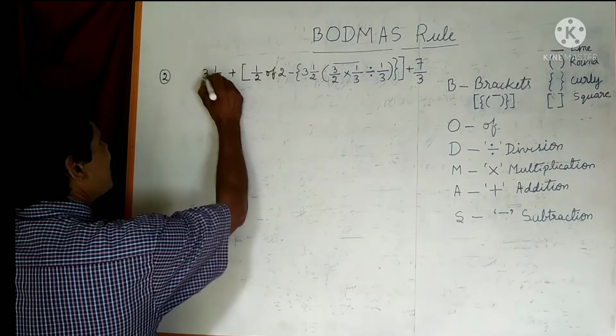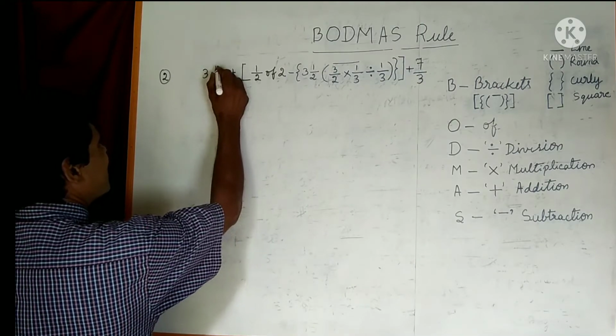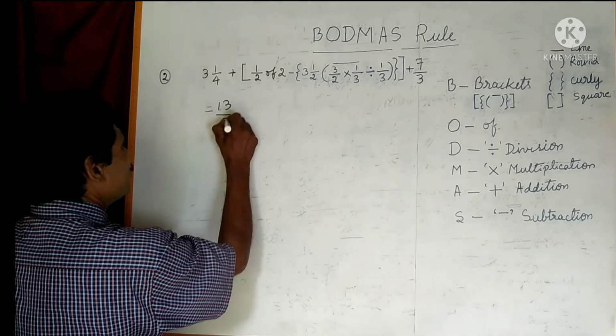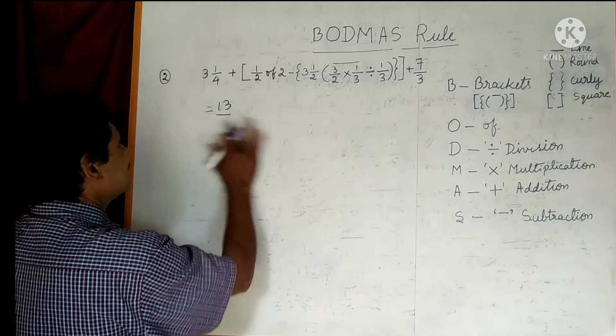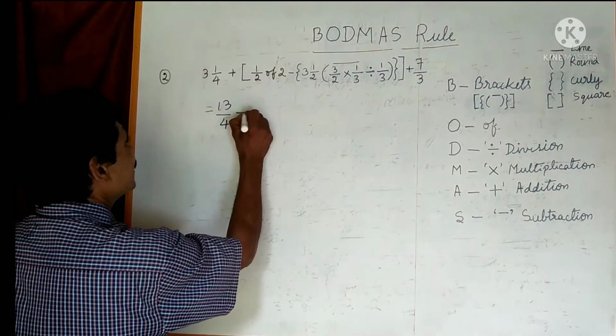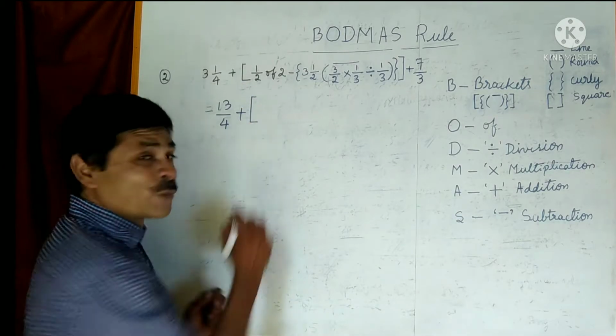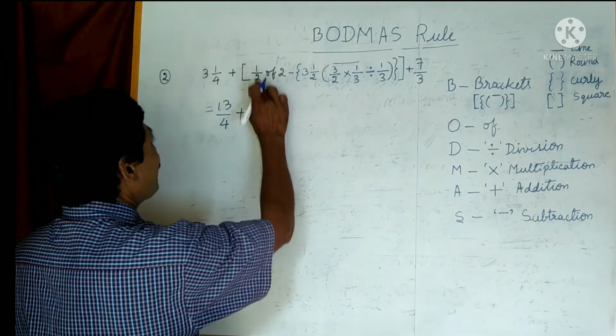Now we will do 3 4s are 12, plus 1, 13. This is equal to 13 divided by 2, 13 divided by 4 plus, square bracket, half of 2.